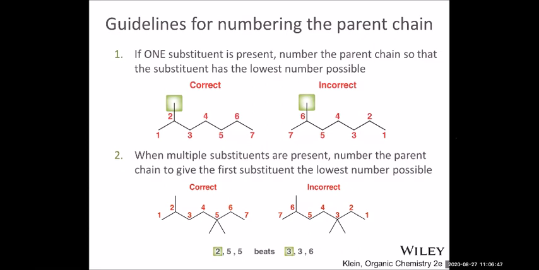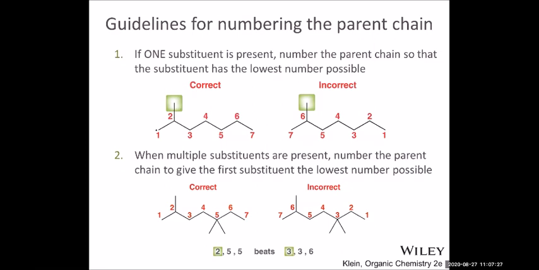The rule is, if there is only one substituent, whichever numbering gives you the lower number for that substituent is the correct way. So for this molecule, I can either start from left to right, giving numbers to the carbons, or come from right to left. Both give me 7 carbons, no problem, both seem right. But you should pick the way that gives the substituent a lower number.